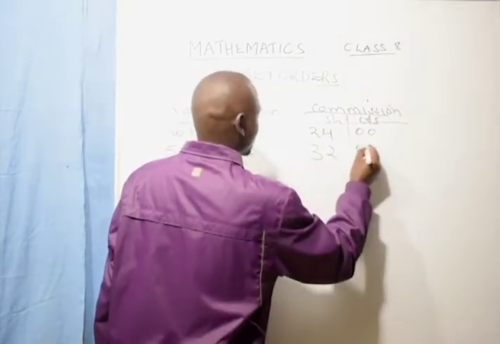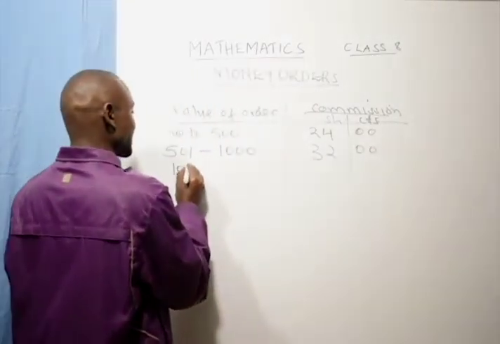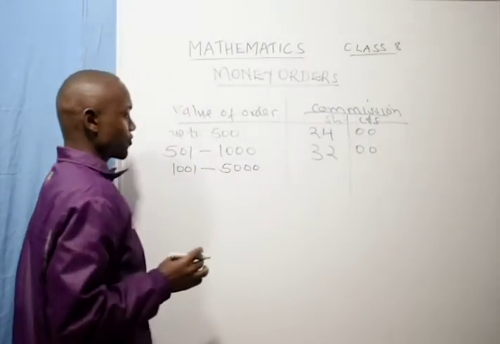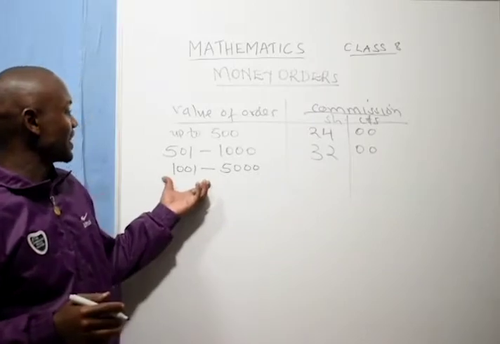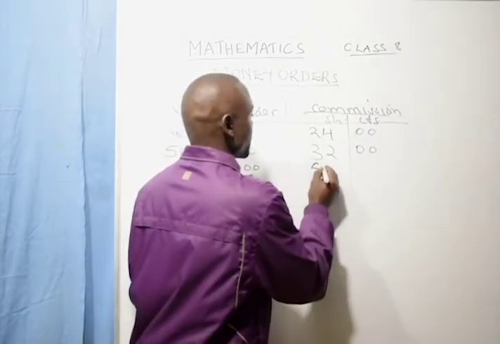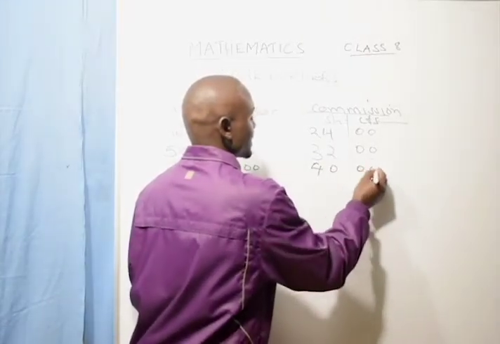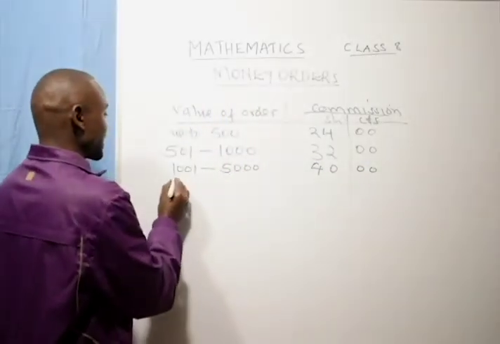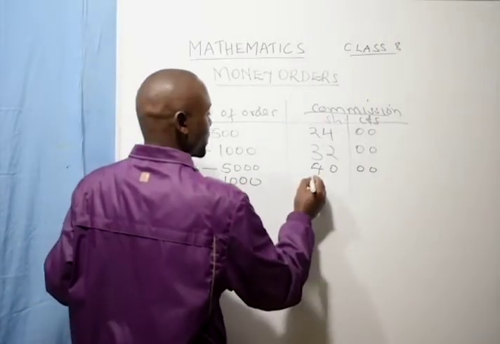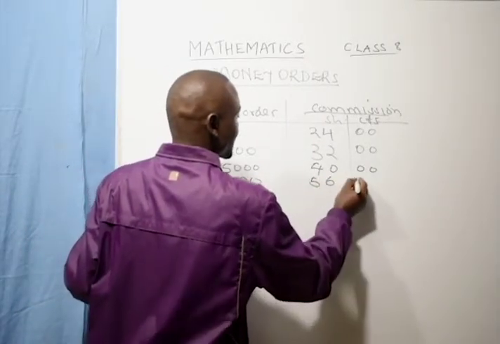From 1,001 shillings to 5,000 shillings, you'll be required to pay 40 shillings. From 5,001 to 10,000 shillings, you'll be required to pay 56 shillings.